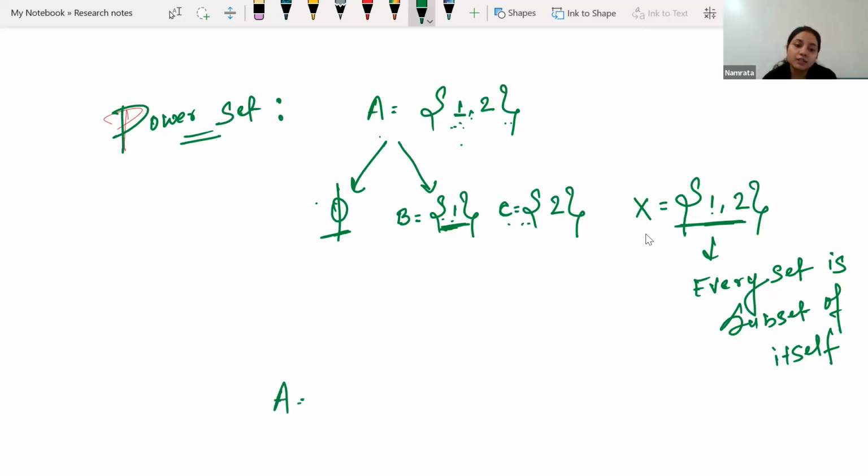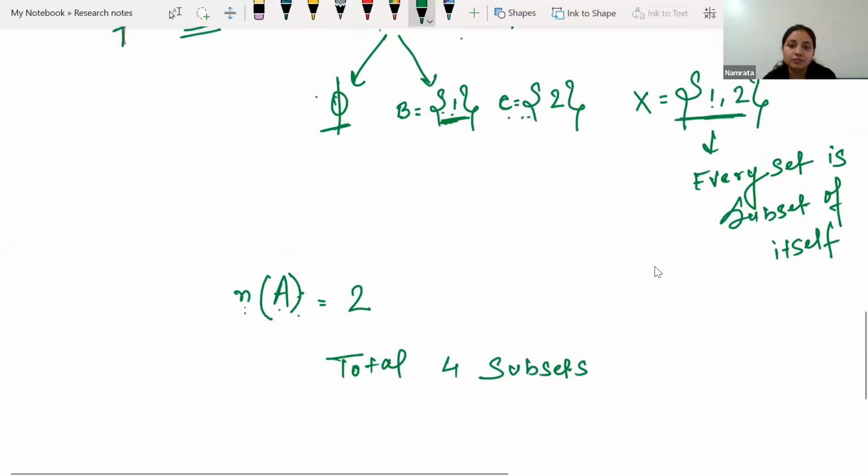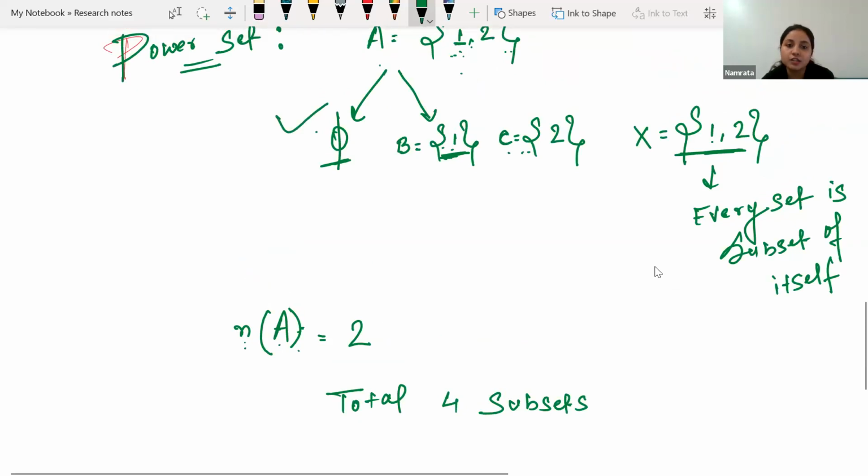Let's see carefully: when set A had 2 elements, we got 4 subsets. n(A) is how we represent the number of elements of any set. Here n(A) = 2 means the number of elements in set A is 2, and we got a total of 4 subsets.